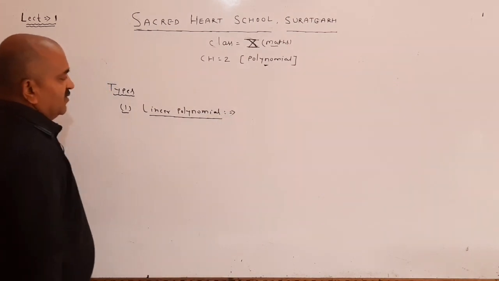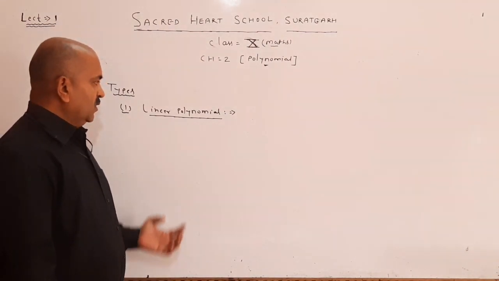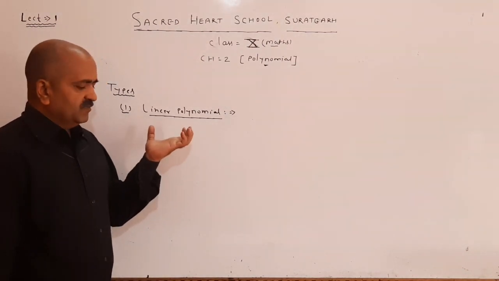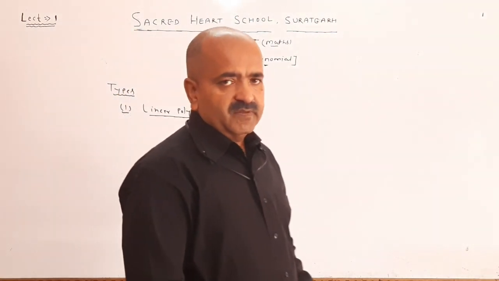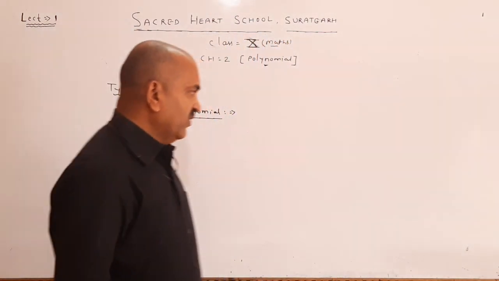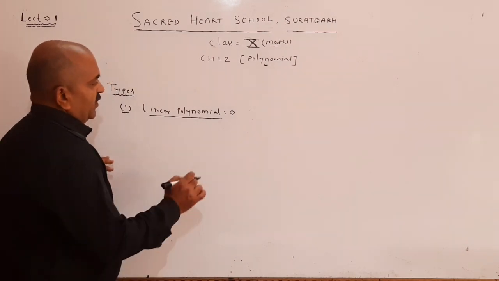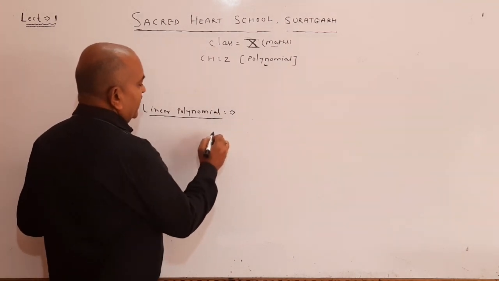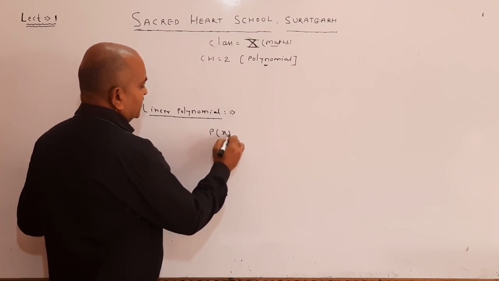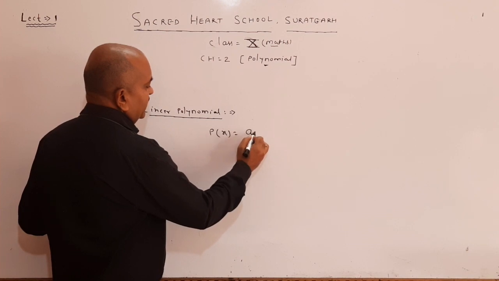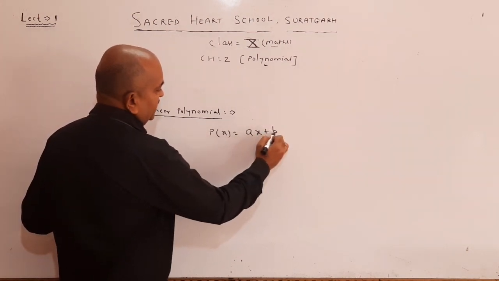Students, what is the definition of a linear polynomial? Linear means a 1 degree polynomial is a linear polynomial. What is an example of a linear polynomial? p of x equals ax plus b.